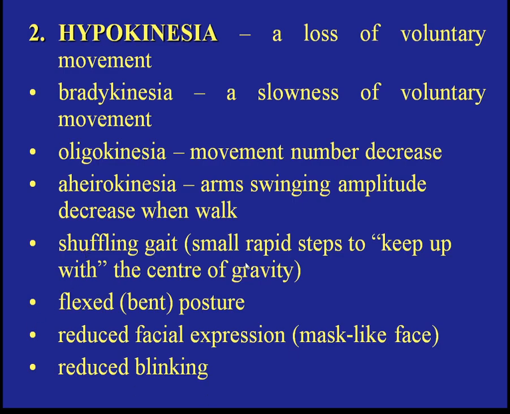Shuffling gait, small rapid steps to keep up with the center of gravity. Flexed bent posture, reduced facial expression like mask-like face, reduced blinking. This is typical appearance, posture, habitus of Parkinsonian patient.